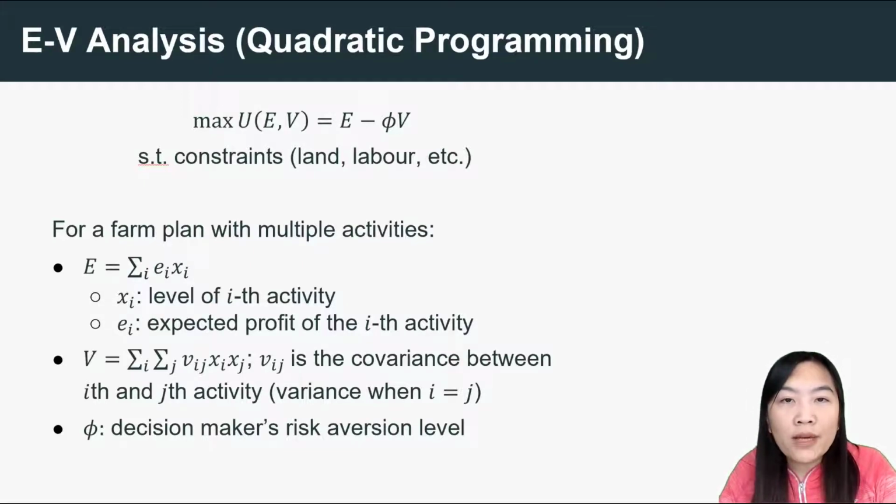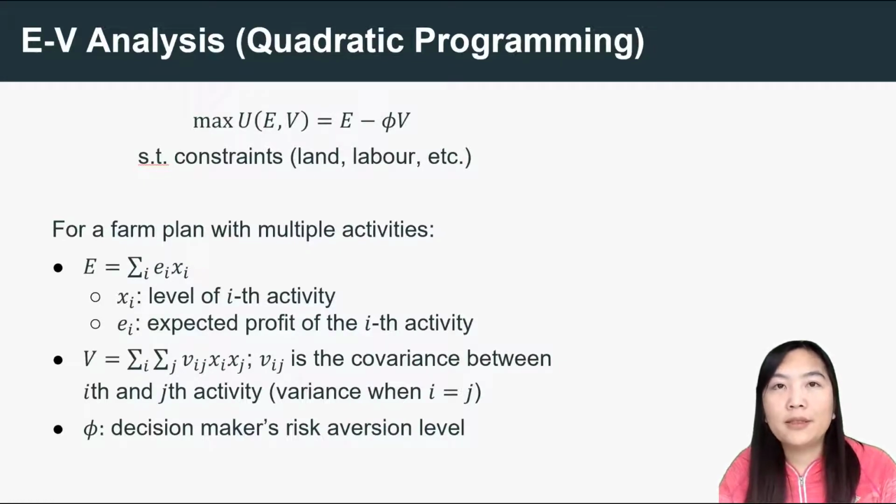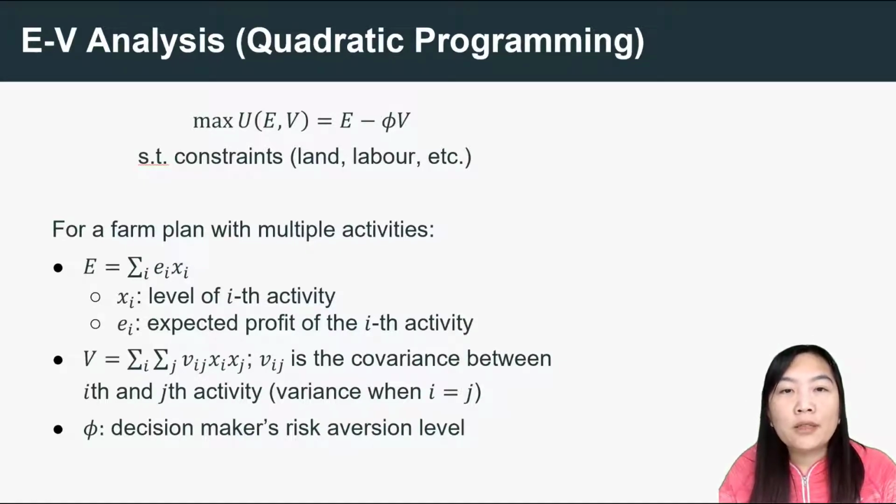So this quadratic programming problem is to maximize the utility, which we define as E minus phi times V, subject to some constraints similar to those we have seen in the linear programming section, for example land, labor, and so on. We can assume there's a farm with multiple activities. What are the multiple activities?